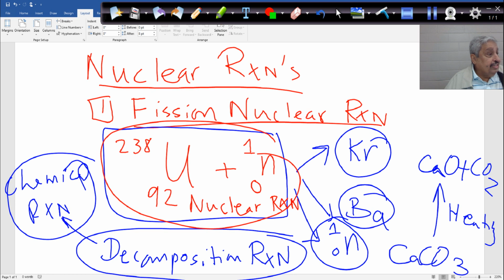A nuclear reaction is dealing with the reaction inside the nucleus. A chemical reaction is dealing with the valence electrons, the outermost electrons, those found in the last orbital. That's the difference. A nuclear reaction has nothing to do with the electrons outside the nucleus. It has to do with the nuclei themselves, whether you are bombarding one nucleus with other nuclei, or you just bombard it with neutrons, correct?